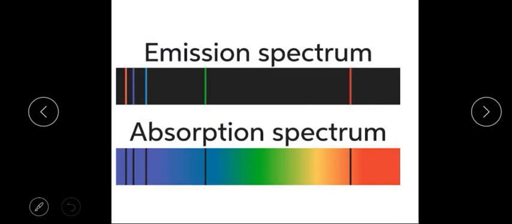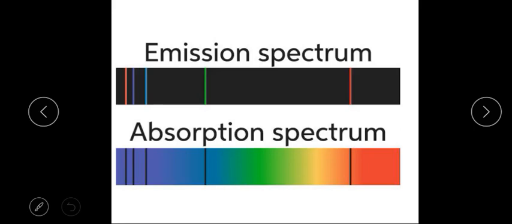Now how are these bright lines emitted? When an electric current is passed through an atomic gas or vapor, that atom goes to an excited state. After a short interval of time, it comes to the ground state by emitting electromagnetic radiation having a specific wavelength.